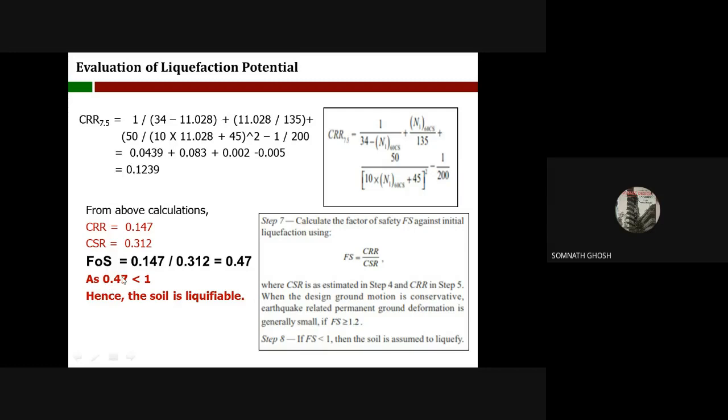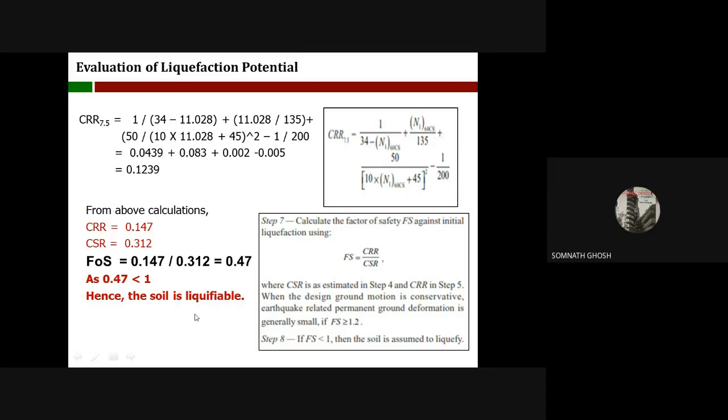And this I have done for a particular level, 6.18 meter level, depending on the soil properties available there. Similarly, at different layers, the soil properties are different, the N value is different. Naturally, this factor of safety value will be different, right? Which I have shown you in the previous tables, right?